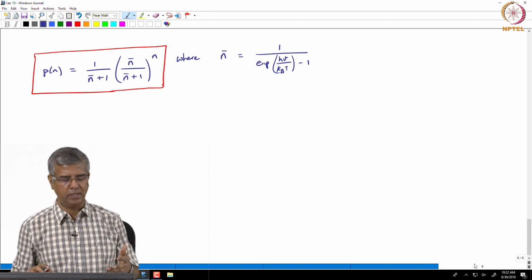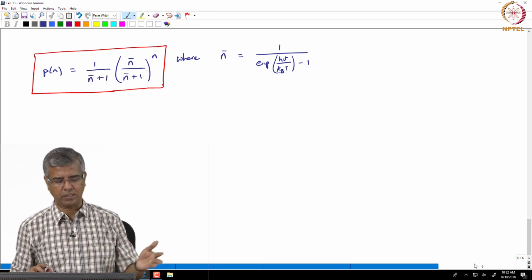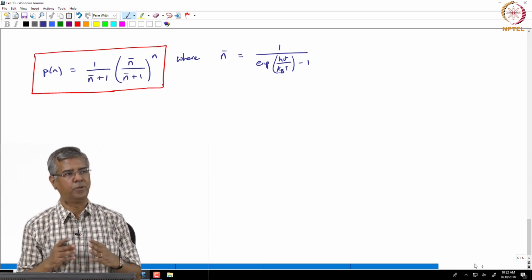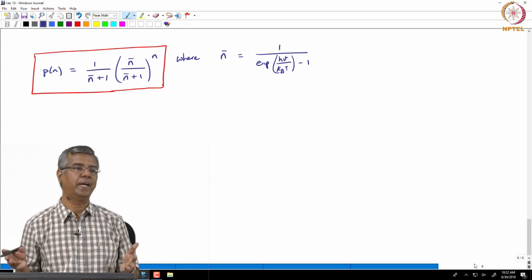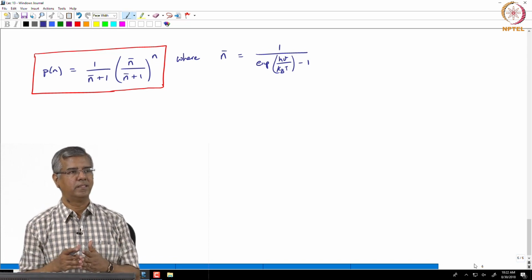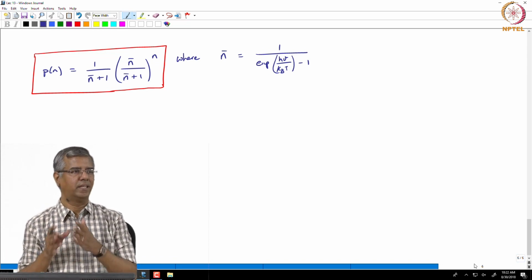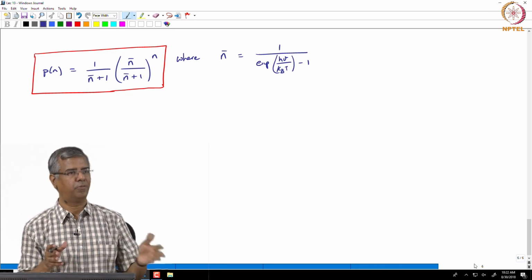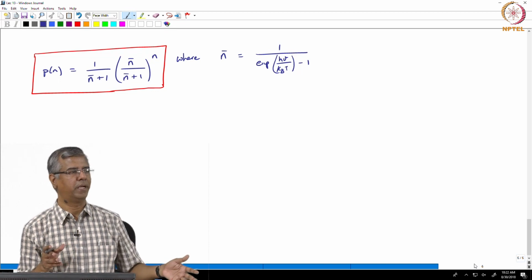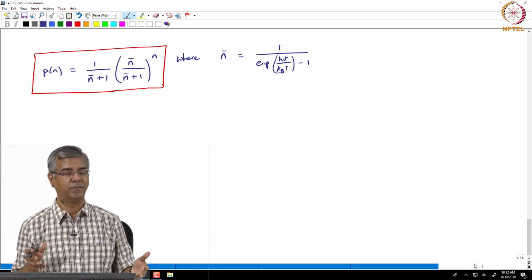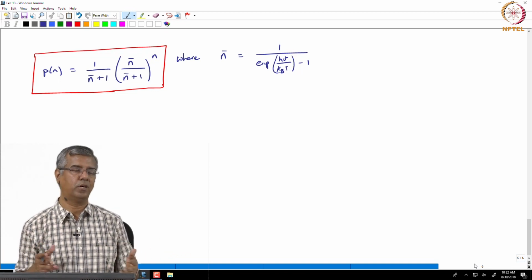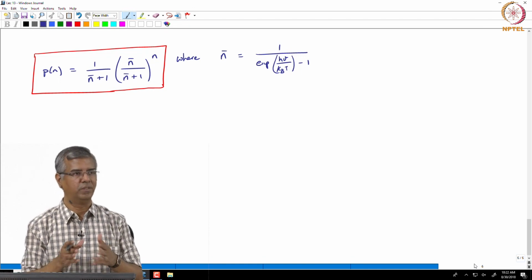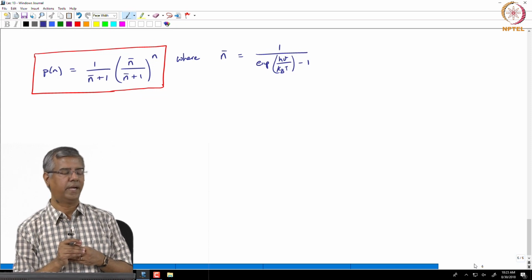Last week we were talking about that probability. If you have n bar equal to 10, it does not mean that you will exactly emit only 10 photons. There is a finite probability that you might be emitting only 5 photons, or a finite probability that you are emitting 0 photons within a particular interval, right.